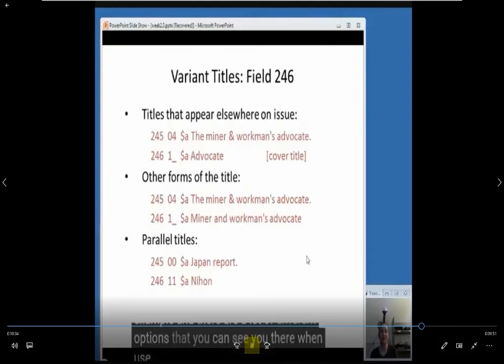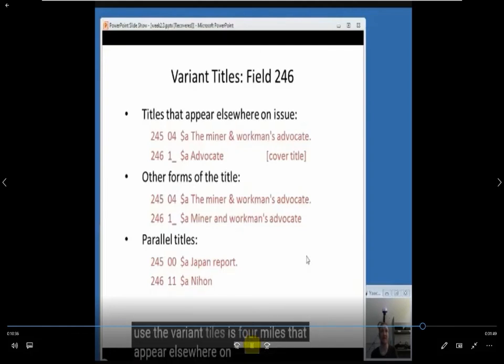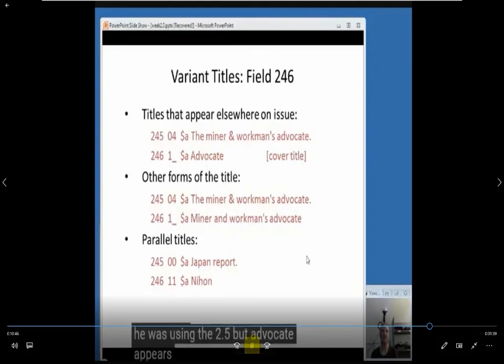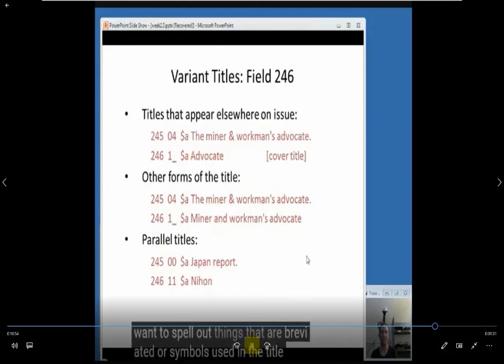One use of variant titles is for titles that appear elsewhere on the issue. So in that first example, Miner and Workman's Advocate was used in the 245, but Advocate appears on the cover. Sometimes you might want to spell out things that are abbreviated or symbols used in the title because your patrons might search that way.